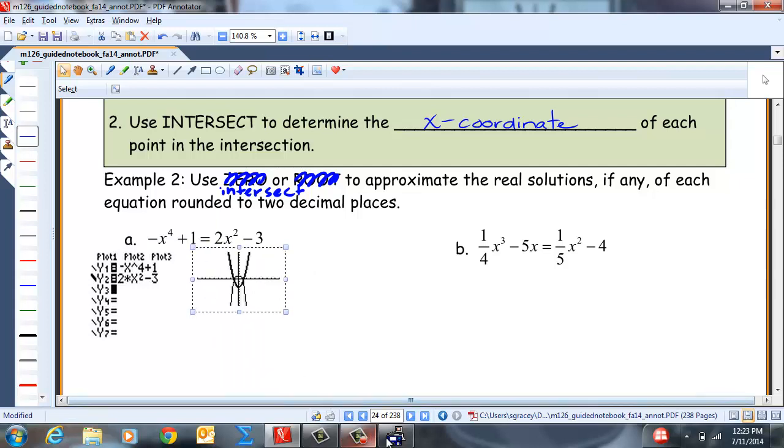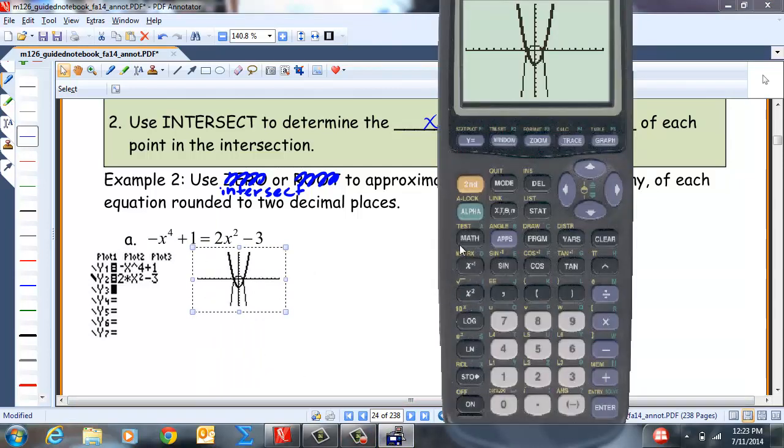So now let's see how to use the intersect feature. If you go to second, calculate, the fifth selection there is intersect.